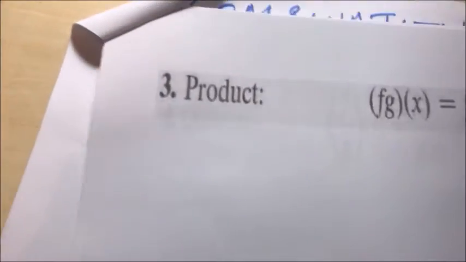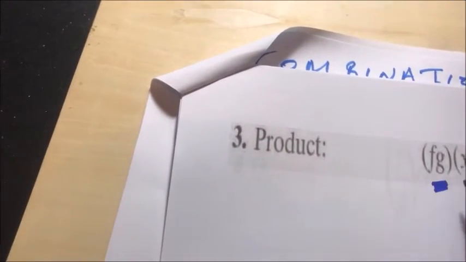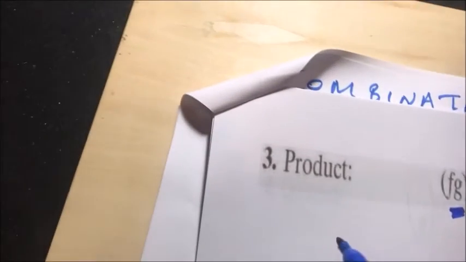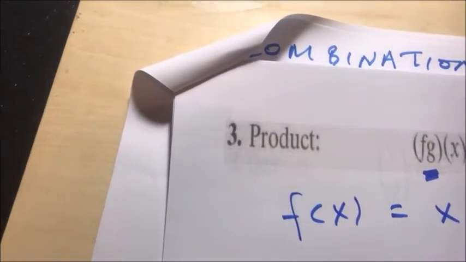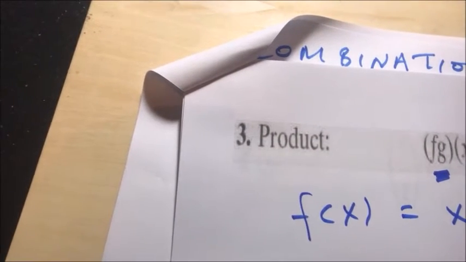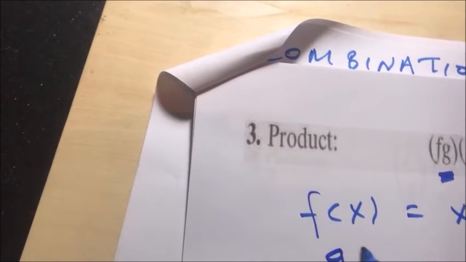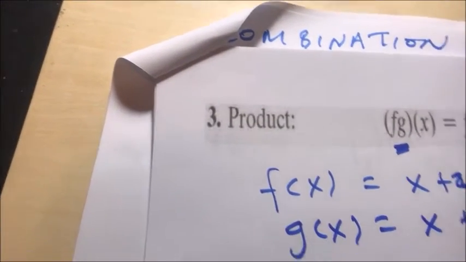And then the easiest example here will just be two polynomials. So if you have the function fg, which is f times g of x, it's just the same as f of x times g of x. And so let f of x equal x plus 2, and g of x equal x plus 3.